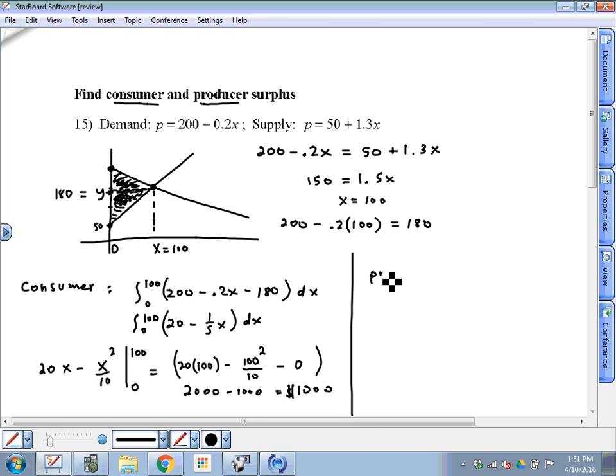Now for the producer surplus, that's going to be the integral from 0 to 100, and we're trying to find this area now. So the upper function is the y value of the equilibrium point, 180.